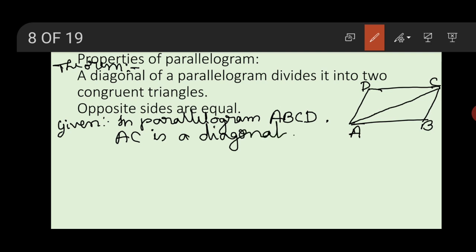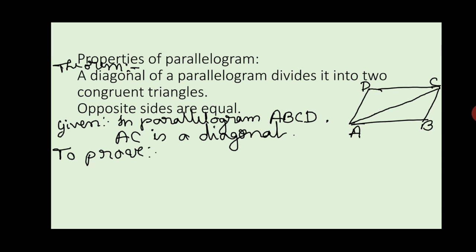Next we have to prove. So what is to prove? It's given here, this is the hypothesis part of the theorem: a diagonal of a parallelogram. If you draw a diagonal of a parallelogram, then it divides it into two congruent triangles.